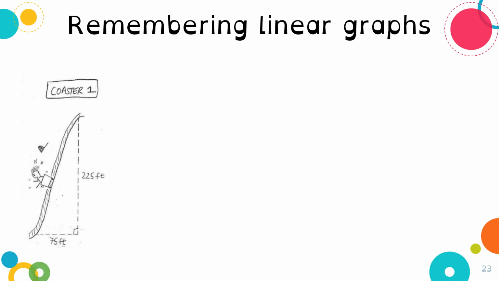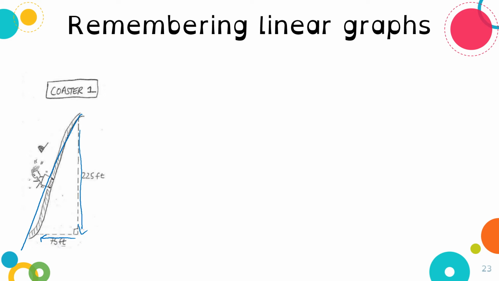So here we have a little person on a roller coaster, and we see that if their roller coaster drops 225 feet over a short distance of 75 feet, this is a very steep roller coaster.